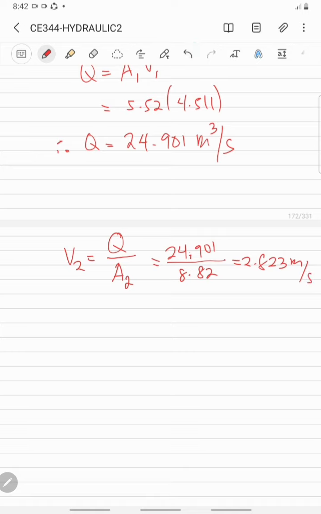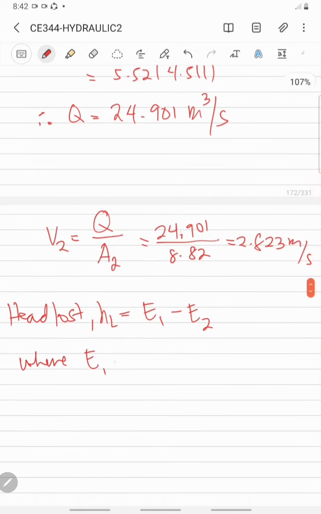Next is to determine the head loss, because we need to determine the power loss in the jump. For the head loss, you have the difference between the specific energy before and after the jump, where the specific energy before the jump is equal to y1 plus v1 squared over 2g.